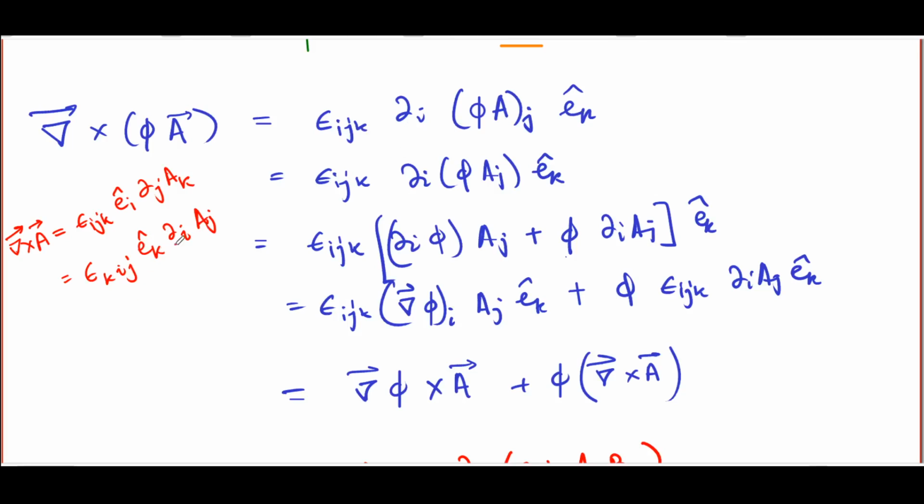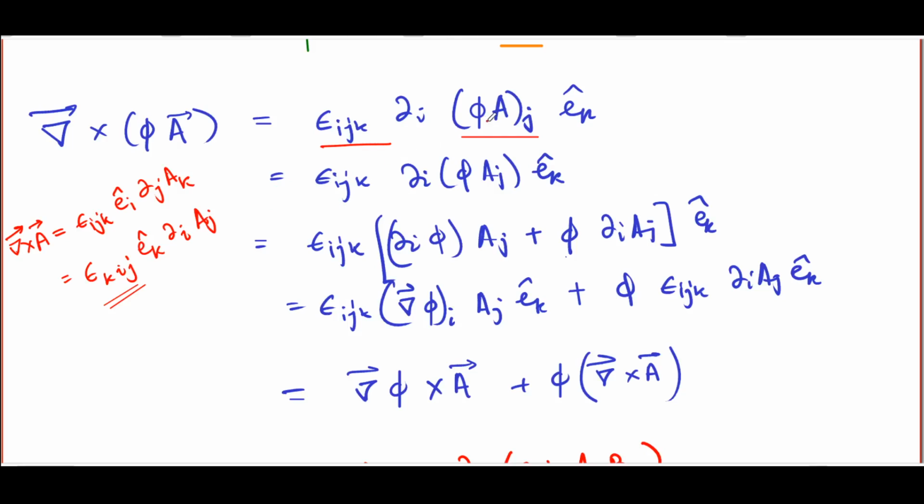This expression is exactly this, except that I have moved the ek to the back. And of course, instead of aj, I have written phi A's jth component. And epsilon kij, the epsilon symbol that I have here, is exactly the same as epsilon ijk. Remember, cyclically permuting the indices does not change the epsilon symbol.